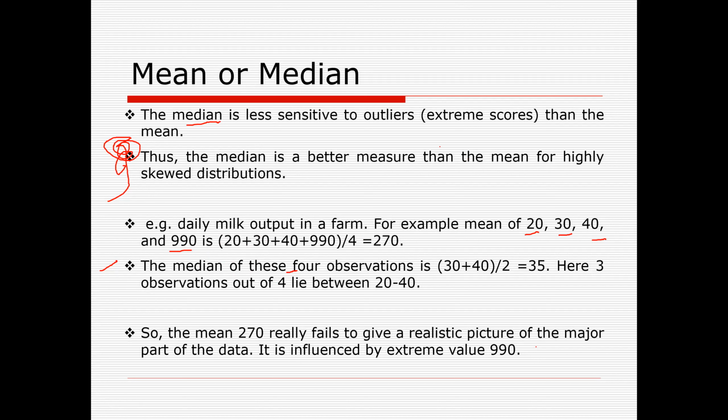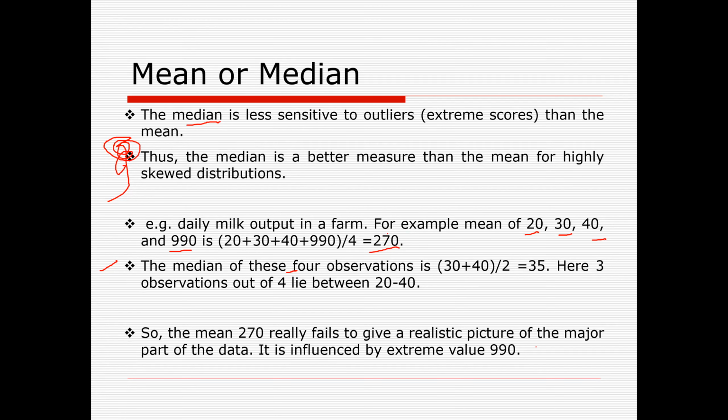If you want to know the output of that farm and you decide to find the average, you are going to end up getting 270 as the daily milk output. And that means that if you use the average to judge the farm, you will misjudge it.